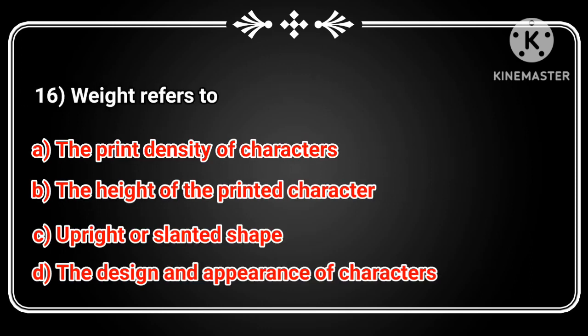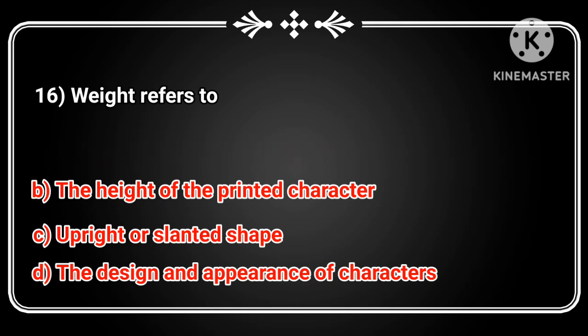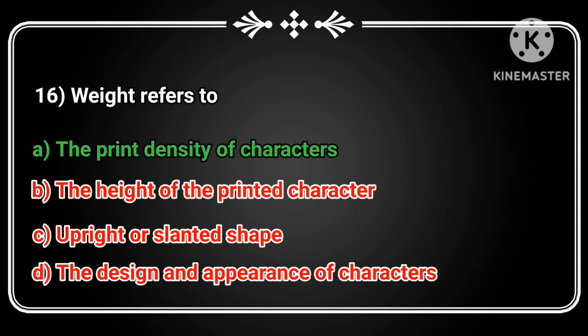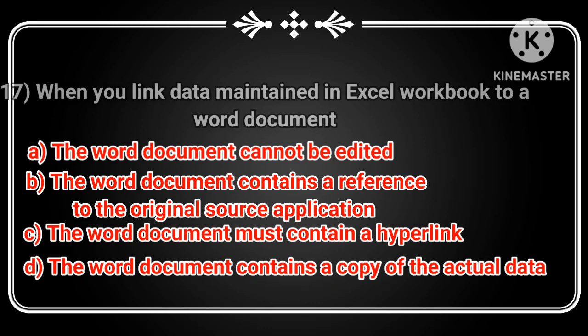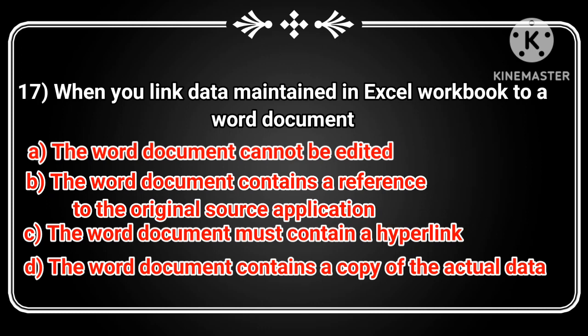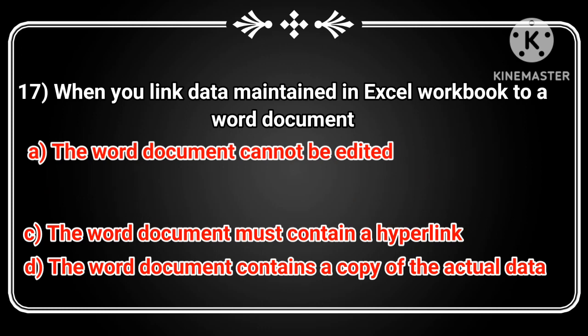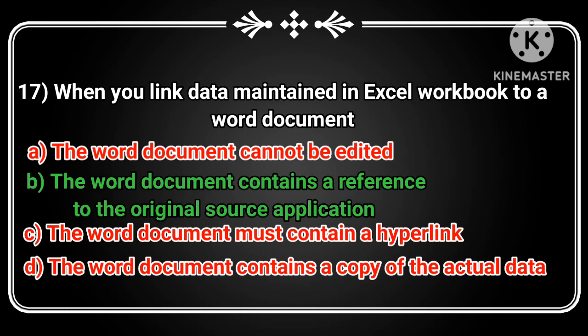Weight refers to the print density of characters. When you link data maintained in an Excel workbook to a Word document, the Word document contains a reference to the original source application.